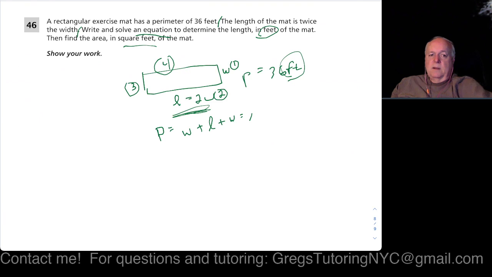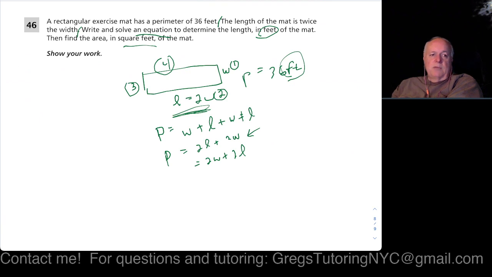Another way to view that is 2 times the length plus 2 times the width. It's also 2 times the width plus 2 times the length. We're allowed to flip those back and forth. This 2L plus 2W is the traditional form. So far we're just analyzing this to understand what the perimeter is about.